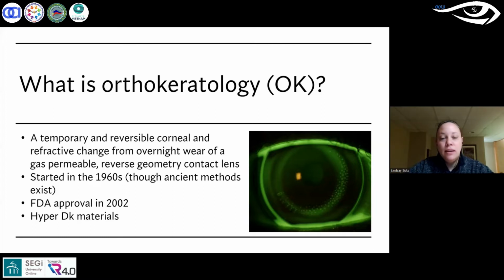These are materials that allow for lots and lots of oxygen transmission so that when our patients are wearing these lenses overnight, they aren't having any damage to their cornea due to that overnight wear that we might see problems with in other types of lower Dk lenses.